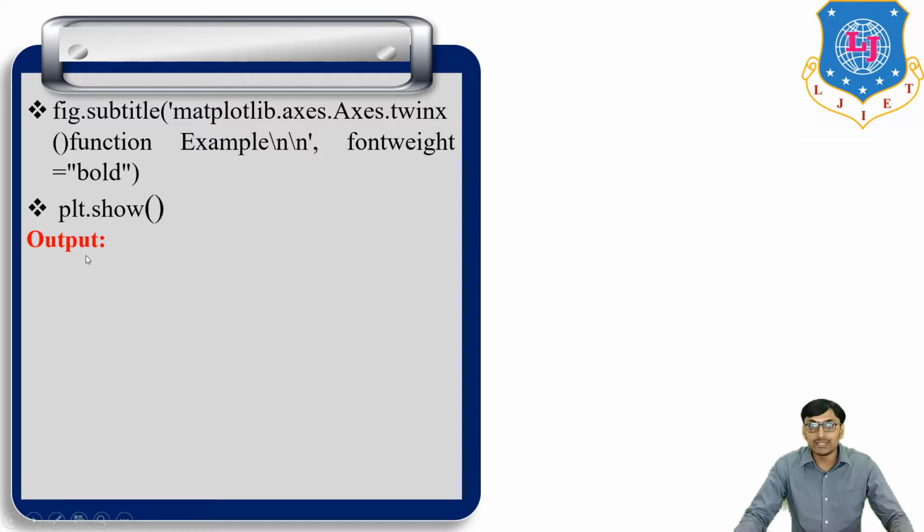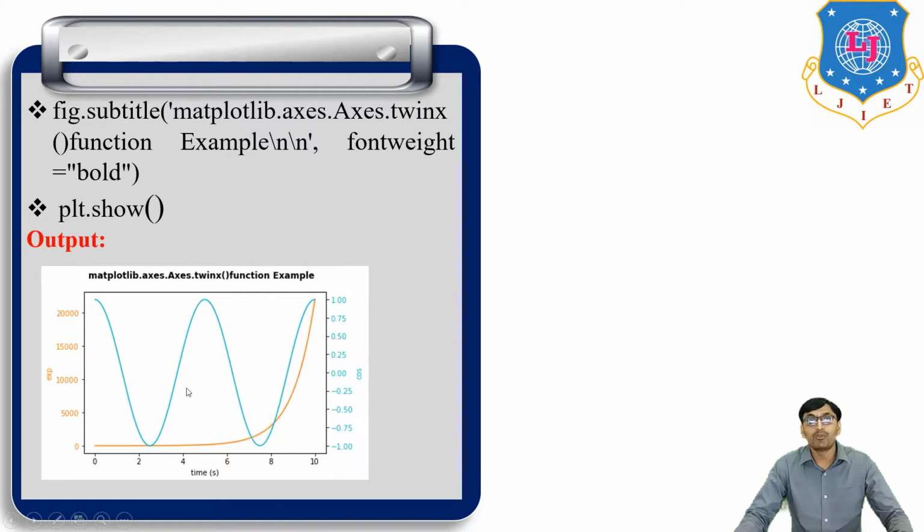So if we run this program, then the output is this. This is the x-axis shared by both graphs. This graph is for the exponential function, and this graph is for the cos function. So there are two graphs sharing a common x-axis.